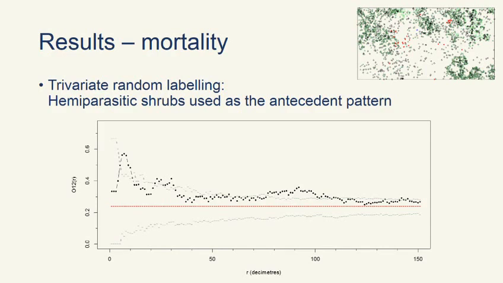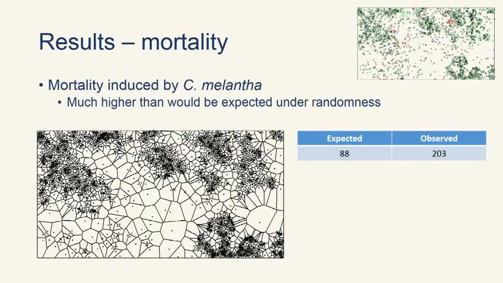I also looked at the mortality for the parasitic vine. I did it by using a tessellation method for the area of where the Dune wattles were located, and then I used a Monte Carlo procedure to find the number of dead shrubs that would be expected under randomness in the tiles where the parasitic vine was located, and I found that to be 88, which was somewhat lower than was observed in the window.